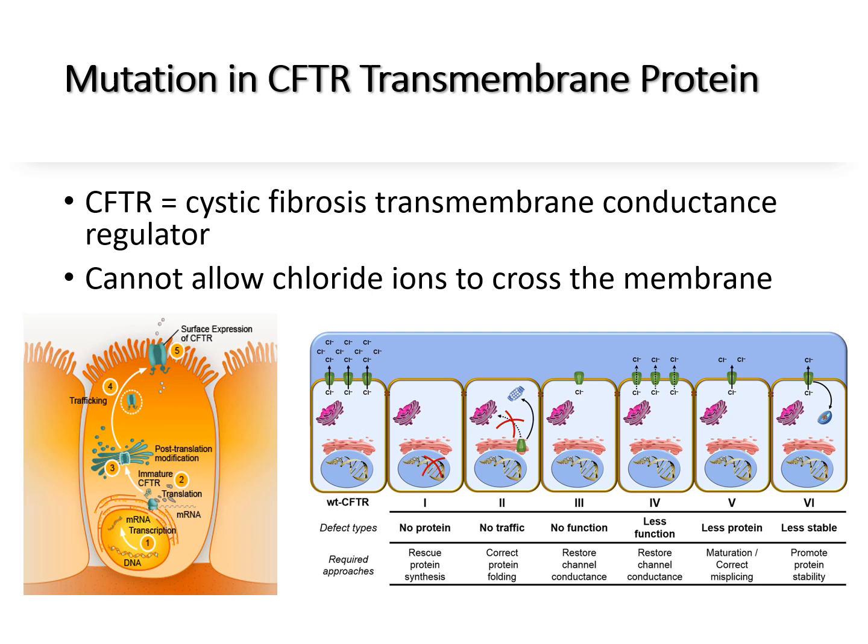Basically, this is a channel that allows chloride ions to cross the plasma membrane. Sometimes people will have no protein at all, or sometimes they have less protein, depending on the different types of CFTR mutations they might have.